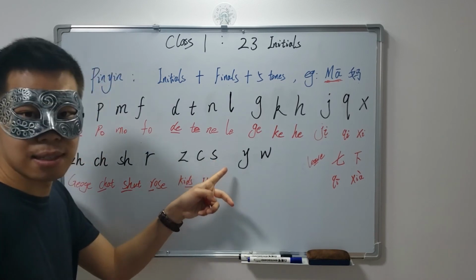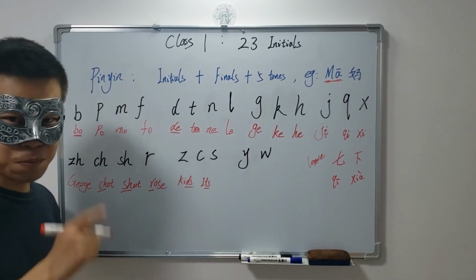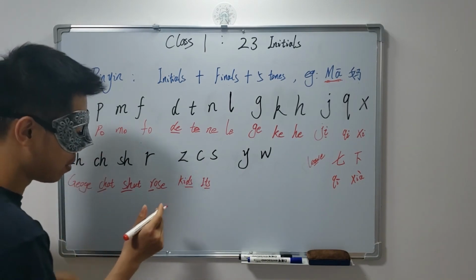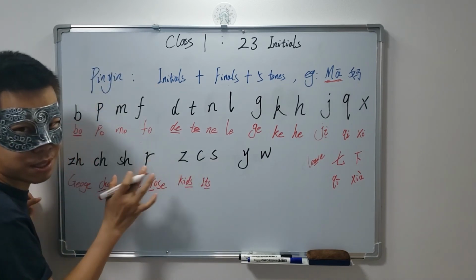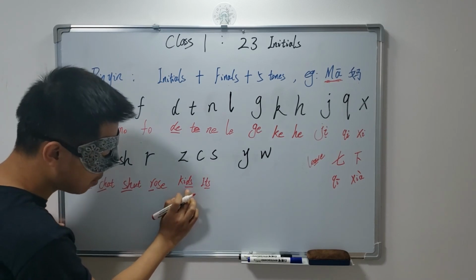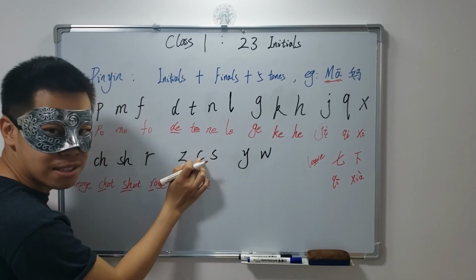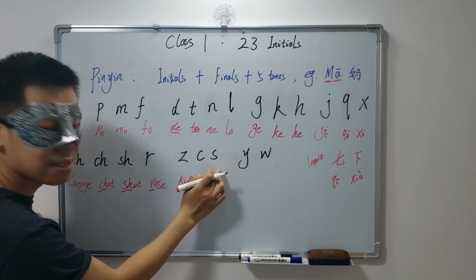This one is like English as. So try to memorize its difference. These three sounds are very similar, but they are totally different. This is z, kids. This one is c, like it's. This one like s.